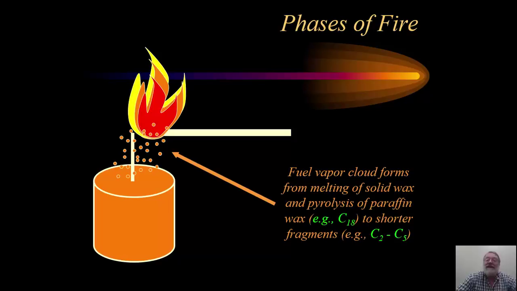And what we'll see is that heat from the burning match causes some of the wax to melt, some of the wax that melts then pyrolyzes, and you get, instead of an 18 carbon chain wax molecule, you start getting shorter fragments that are 2 to 5 carbons long that are in the gas phase. It's those gas phase fuels that actually catch on fire.